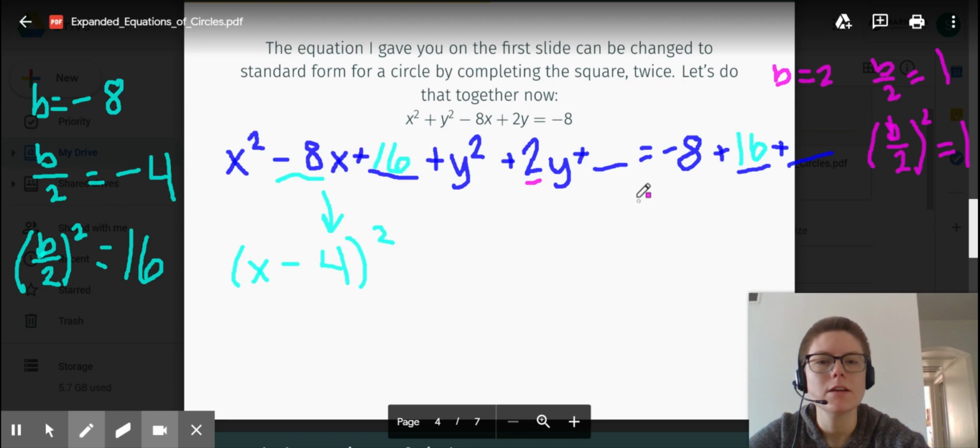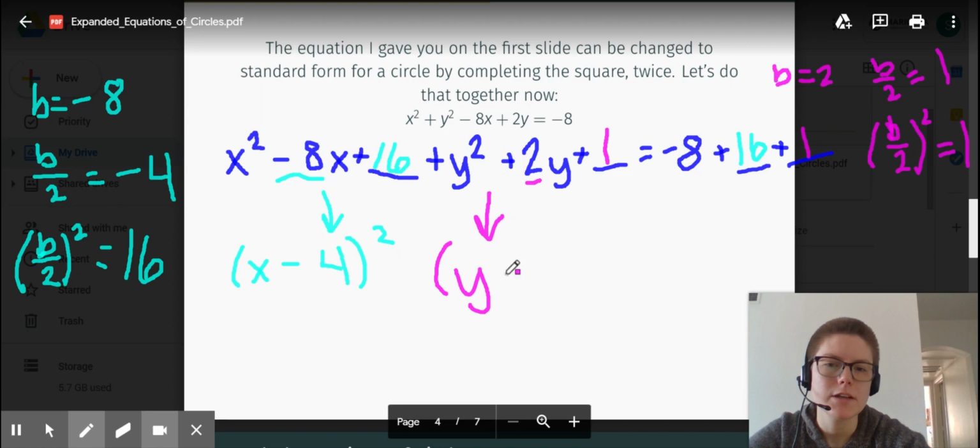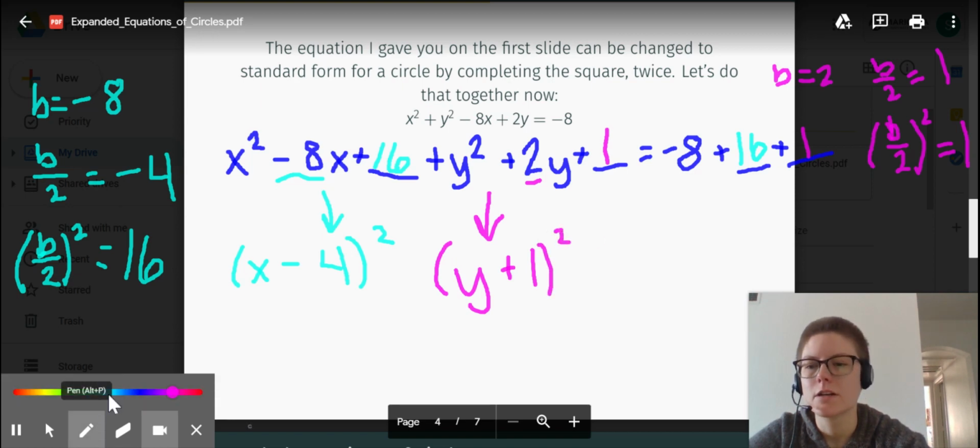So here we're just putting in a 1. And here a 1. And then we can bring this guy down. Y, since this is a plus, this is a plus. 1. B over 2 is 1. Squared. All right.